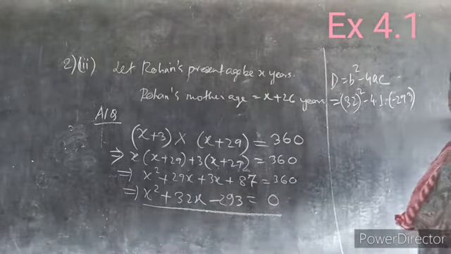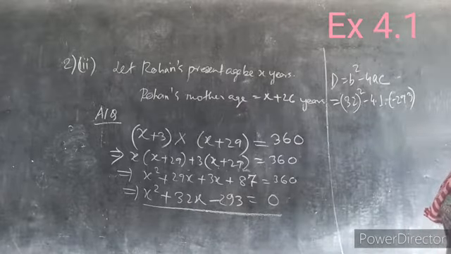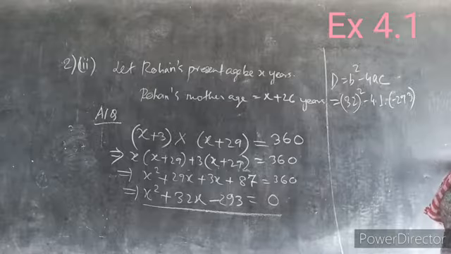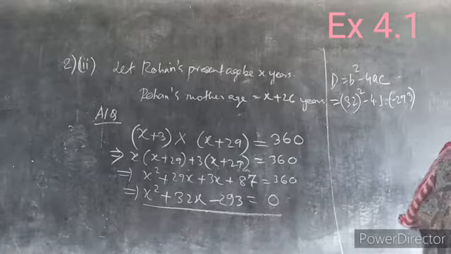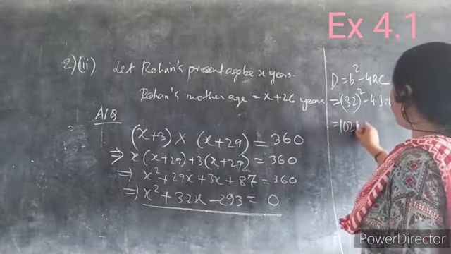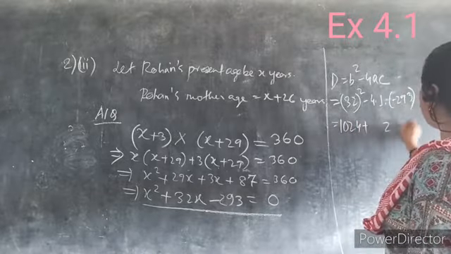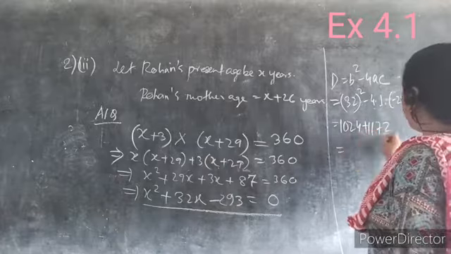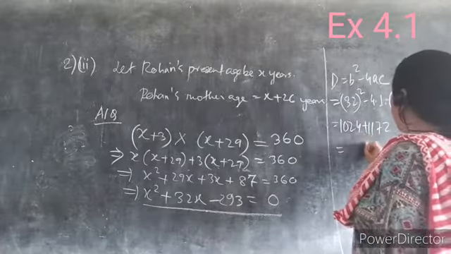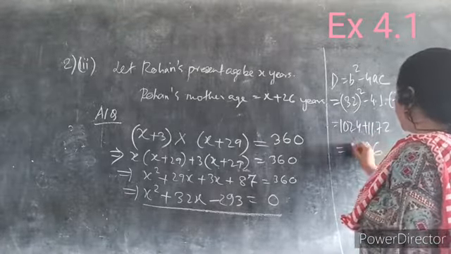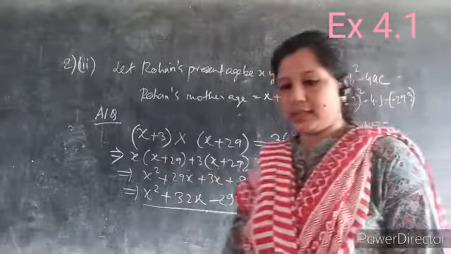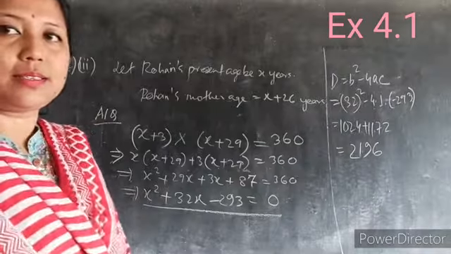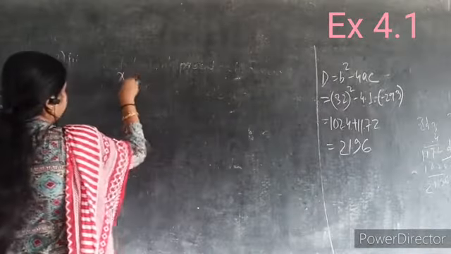Okay, so 32 square, let us find now quickly. 1024 plus 1172, okay, 2196. Okay, we are getting the discriminant value to be how much? 2196.